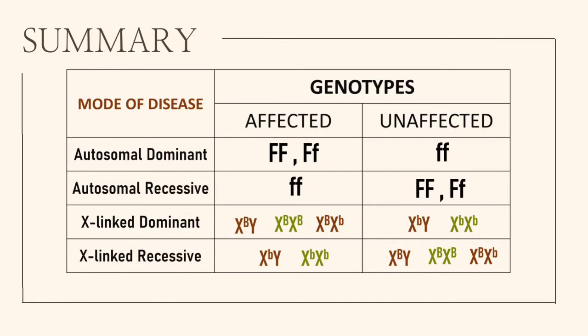Okay, heterozygous dominant Bb. Okay, so with that, that is a summary of the genotypes that we're gonna be using for the different modes of diseases, which is the autosomal dominant, autosomal recessive, X-linked dominant, X-linked recessive, and then syempre meron din tayong affected individuals and unaffected individuals. Okay, so that is the summary.